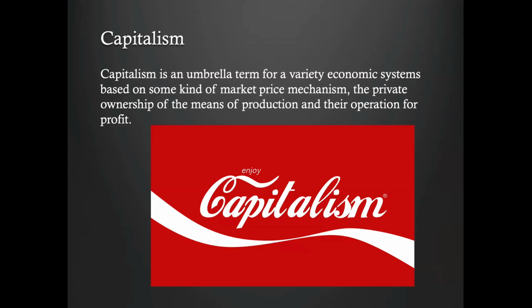However, it is generally true that we're usually dealing with some form of capitalism. And capitalism is an umbrella term for a variety of economic systems based on some kind of market price mechanism, the private ownership of the means of production, and their operation for a profit. And so those are the kind of defining characteristics of capitalism.